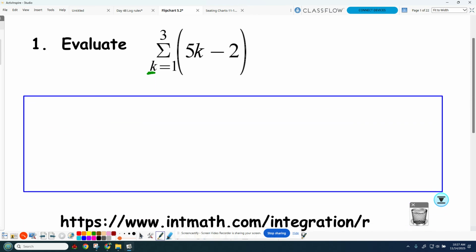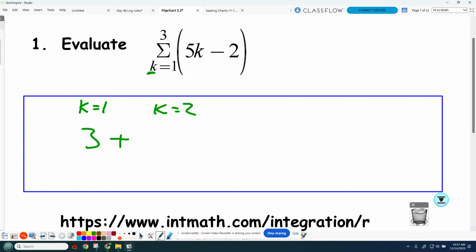So how to do this, starting at k equals 1, plug that k value in. 5 times 1 minus 2 is 3. Does that index equal the number up top? Does 1 equal 3? No. So as you said, summation. Add, then kick the index up 1. Process this one, moving on to the next person.